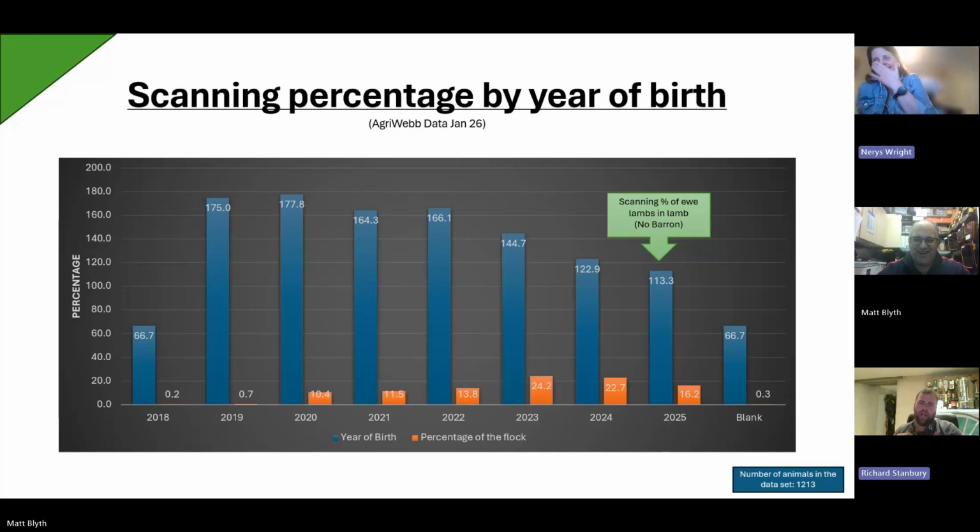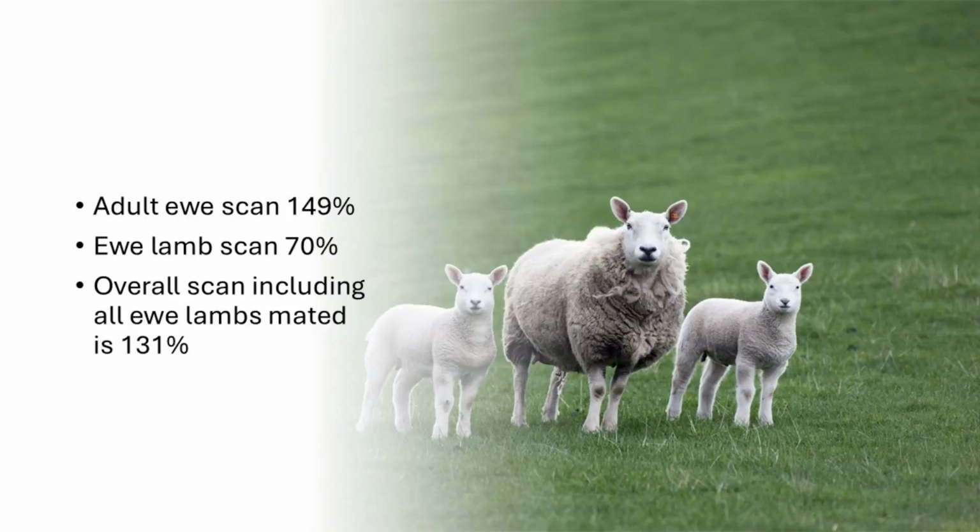You'd have to ignore the ewe lambs, but say you went, yeah, I did do the sums with the ewe lambs in. I think it was with the barren ewe lambs in as well. Overall, I think it was 131, which, with all those empty ewe lambs, wasn't as bad as I thought.